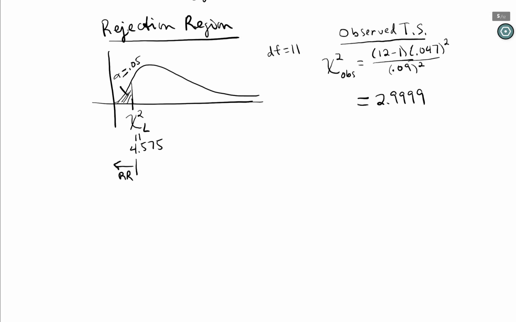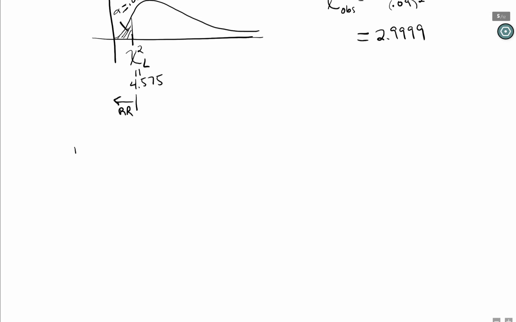That clearly falls in the rejection region. So when I get to make a decision, that part, we would reject H naught and accept HA. Okay, what does that mean in the context of this problem?